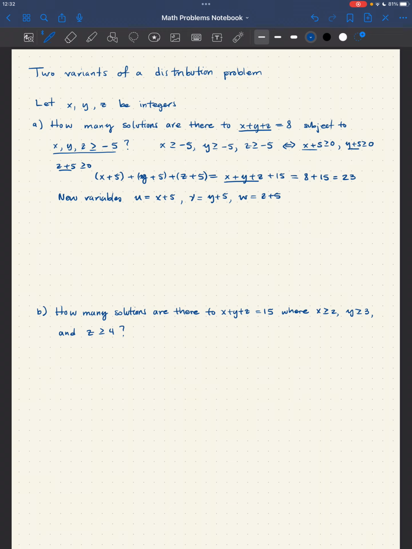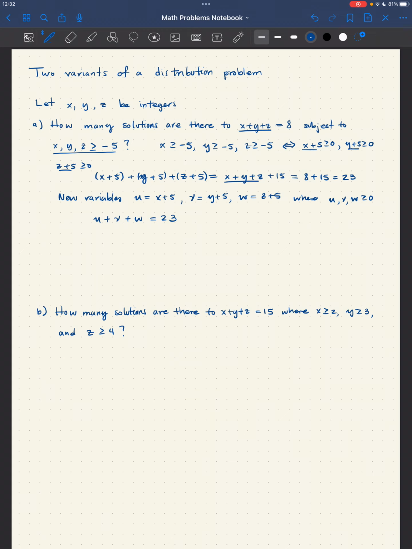Now we can see that u, v, and w are integers where we have that u, v, and w are greater or equal than 0. So now this is just an original distribution problem that looks like this: u plus v plus w equal to 23. And of course, this reminds us of the stars and bars problems.